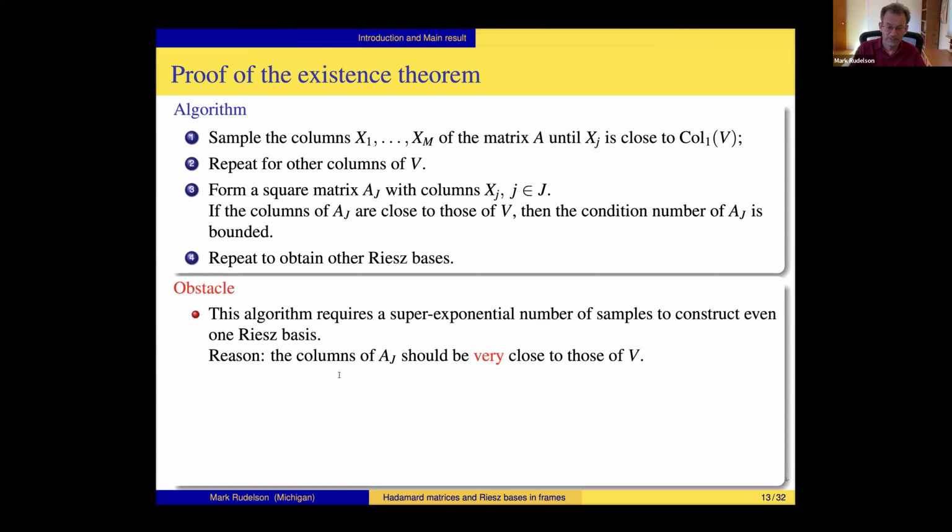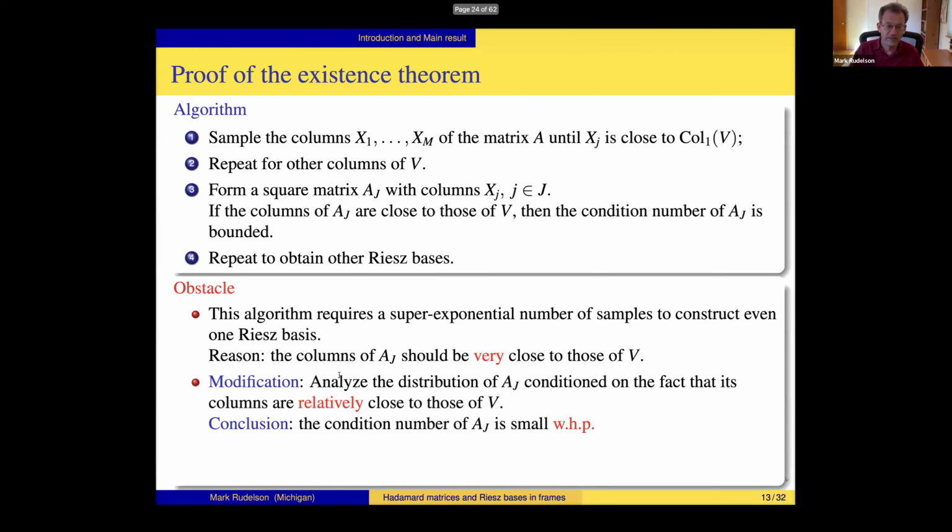So how to fix it? There is an easy modification of this method. Namely, I'll consider the columns which are not very close, but somewhat close to the columns of a pattern matrix.